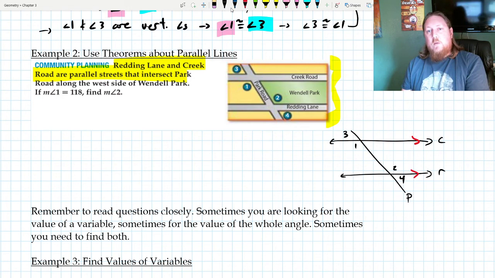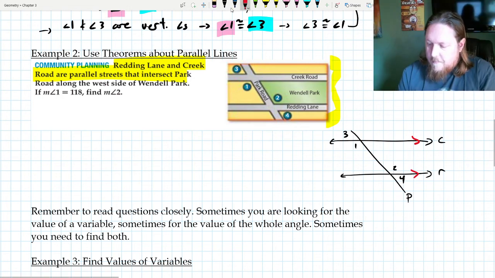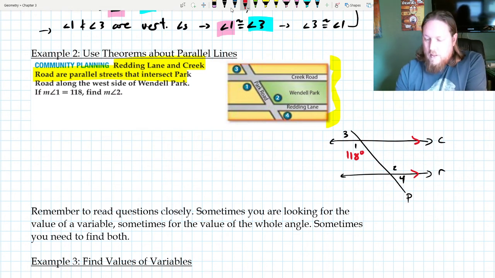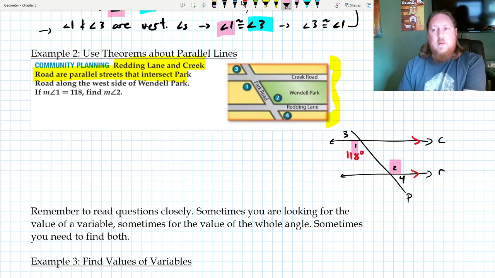If angle 1 equals 118, what's the measure of angle 2? So we have to think about how to get there. 118 degrees. Now, if there's a relationship directly between angle 1 and angle 2, we can use that theorem. And these are on alternate sides of the transversal, and they're both on the interior.